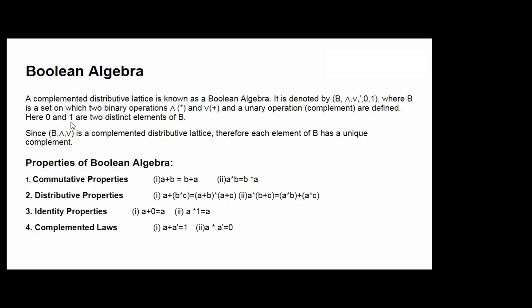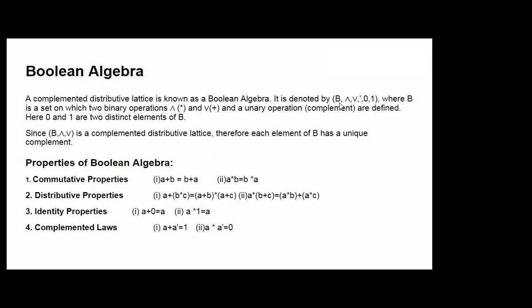So the complement term comes. If A is there, then its complement is negation A or A complement. We say like that. And distributive lattice, we know distributive lattice. If distributive conditions are satisfied by the lattice, then it is known as the distributive lattice. It is known as the Boolean algebra.